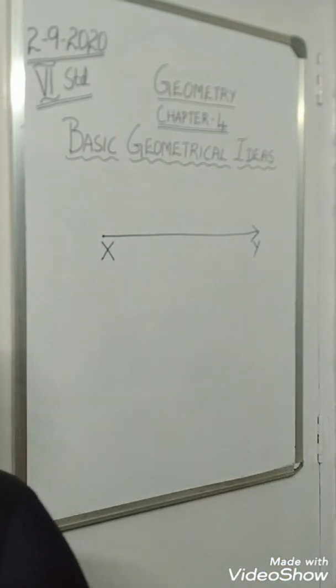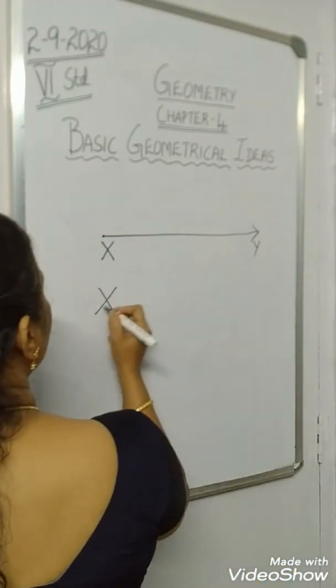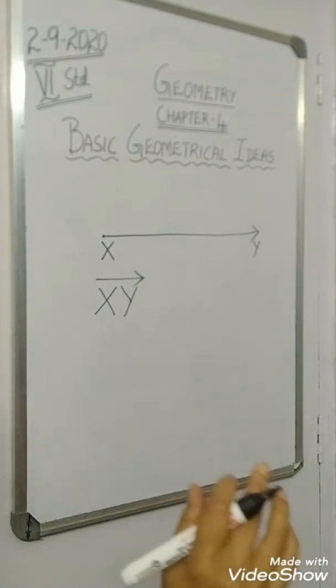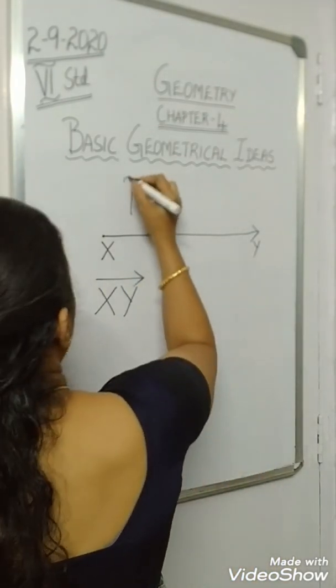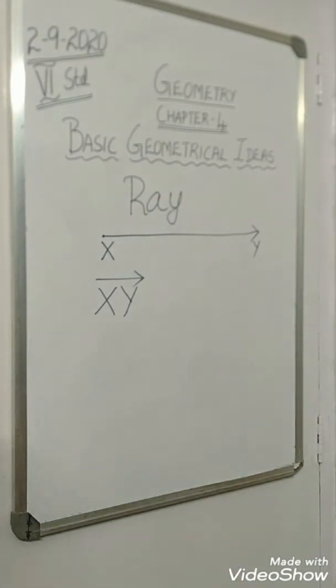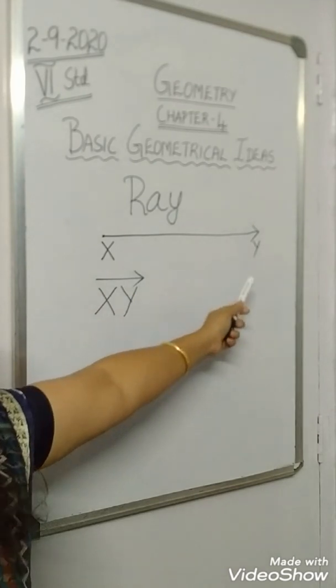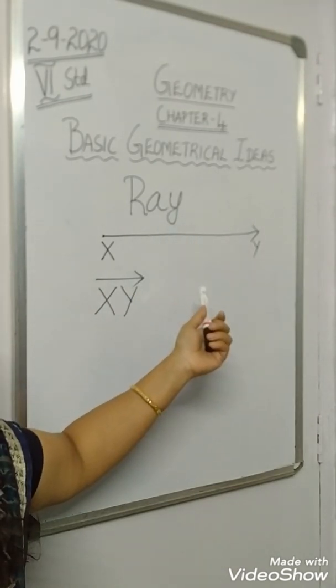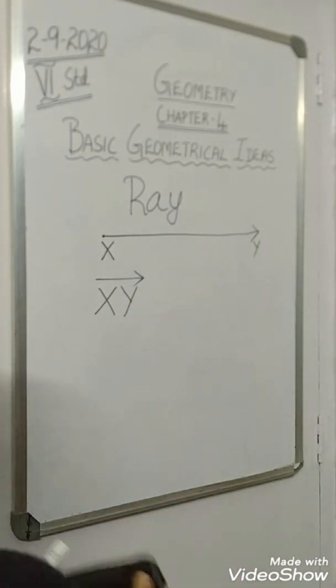We can just name it as Y. This XY, which is extended to only one side, is called a ray. It is called a ray because it is extended to one side. You have seen the sun's rays, haven't you? It is in the same way.